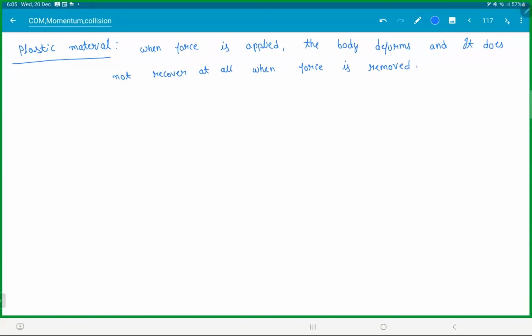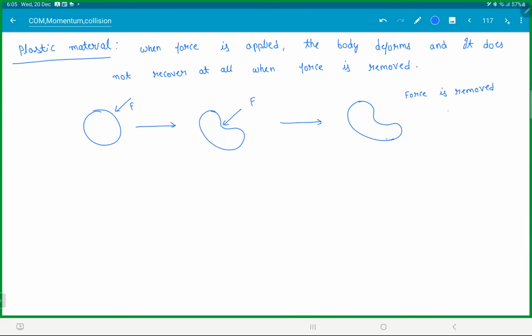You remove the force, it will still remain in the same shape. If you take some chapati dough and apply force F, this is what it becomes. It gets deformed. Now, if you remove the force, the shape is still there. Force is removed, but the deformation still exists. There is no recovery at all. These kinds of materials are called plastic materials. They do not generate any internal forces to restore.